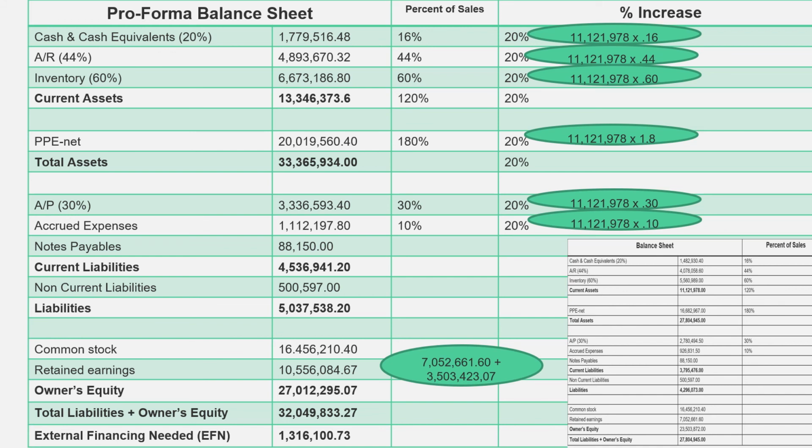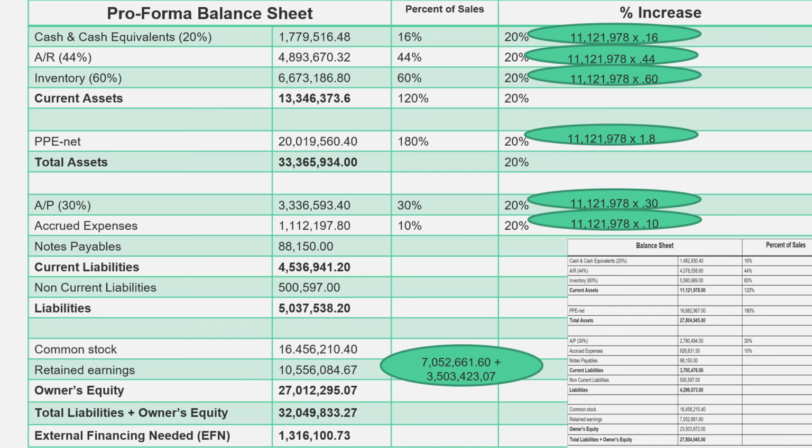Okay, and then, since we got the total assets and the total liabilities plus owner's equity, but this is not balanced, we have to identify how much the difference is in order for us to balance our assets and liabilities and owner's equity.